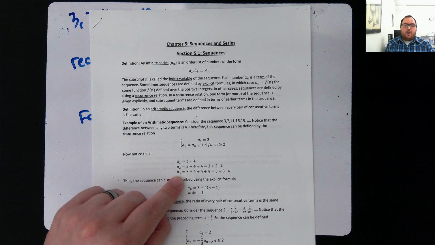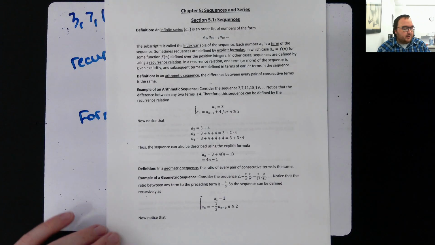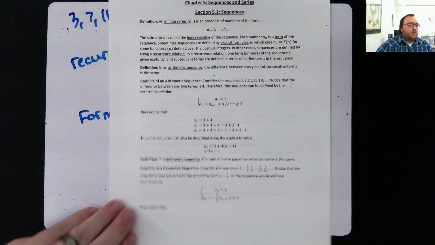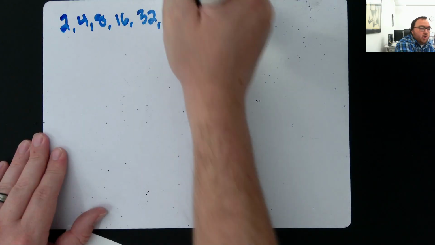Another special type we have is geometric. In these, the ratio between every two pairs is the same. So an example of that would be if we had 2, 4, 8, 16, 32, on and on.